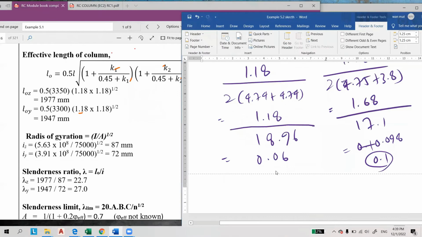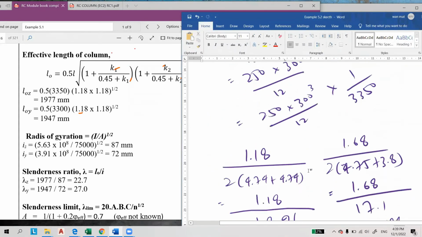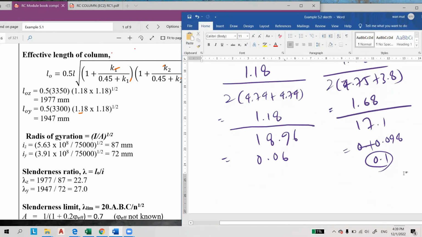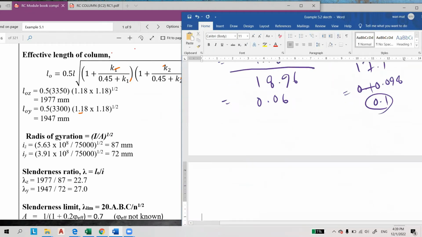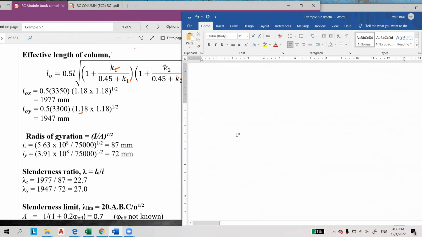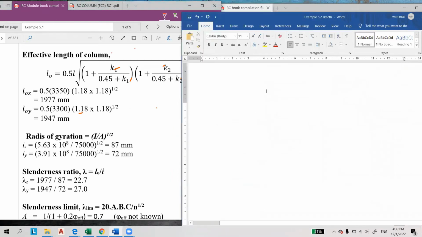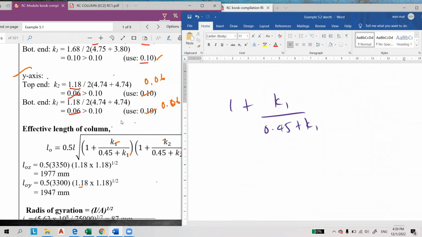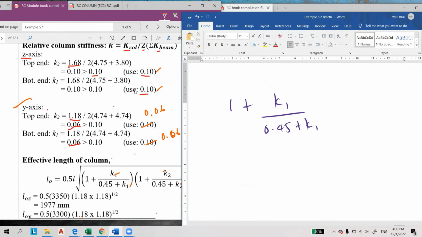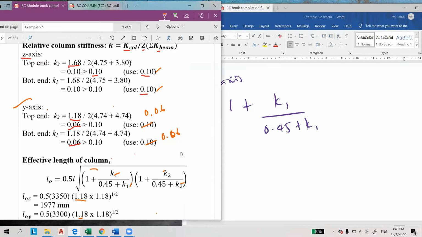It's okay. Let's do it together. Okay, so 1 plus K1 over 0.45 plus K1. If the K1 is for the Z axis, is it 1.18 or not? Please check this one.